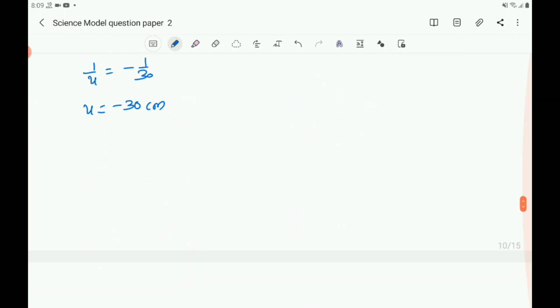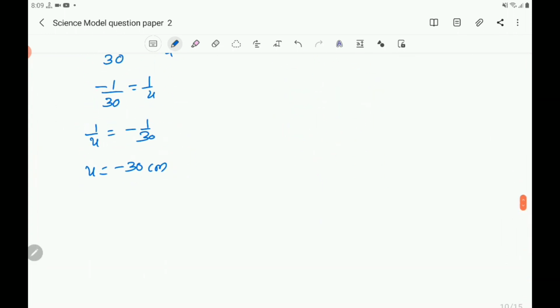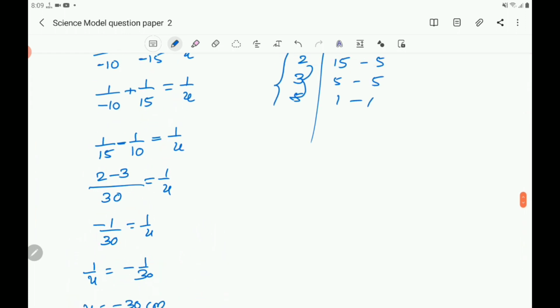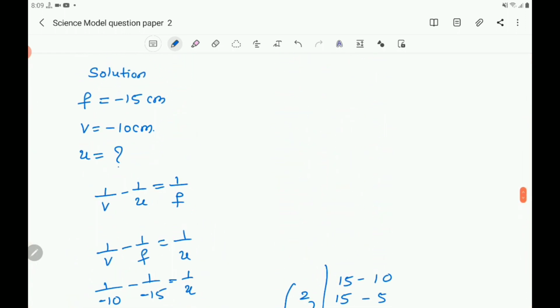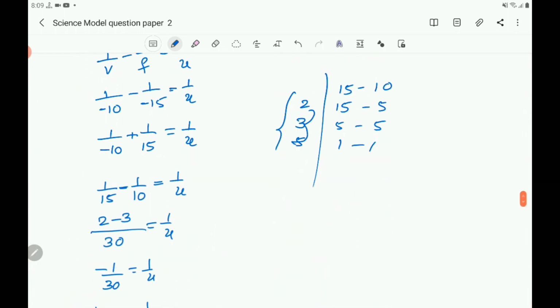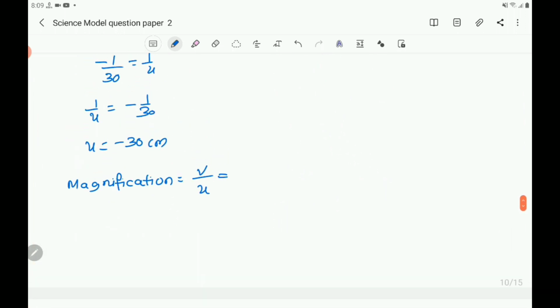So you write magnification equals V by U. V is the image distance, which is minus 10 centimeter, and U is minus 30 centimeter, then it becomes 1 by 3.